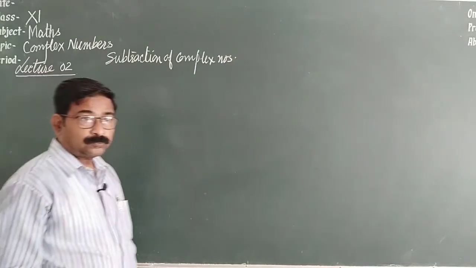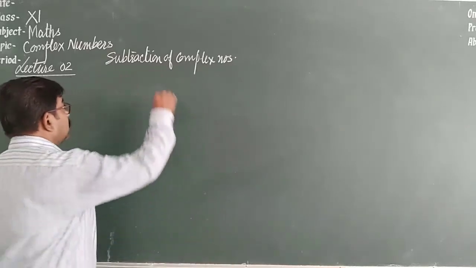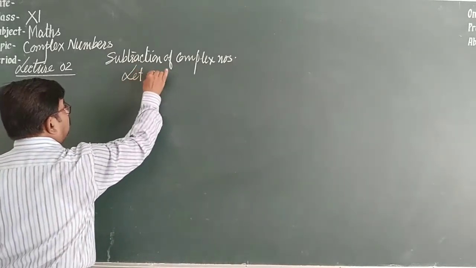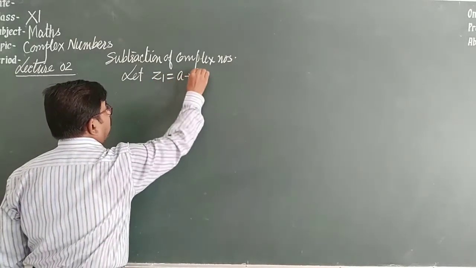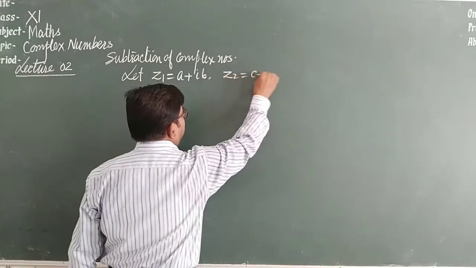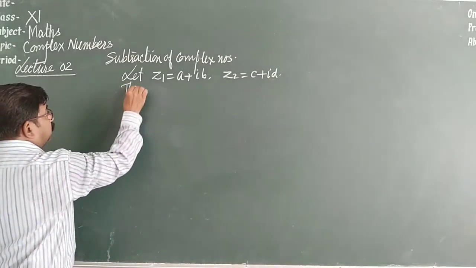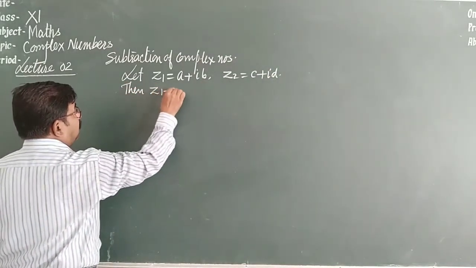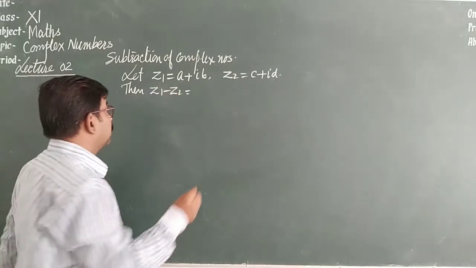Like, suppose we have complex numbers, let z1 is equal to a plus ib, z2 is equal to c plus id, then z1 minus z2 means difference, subtraction.